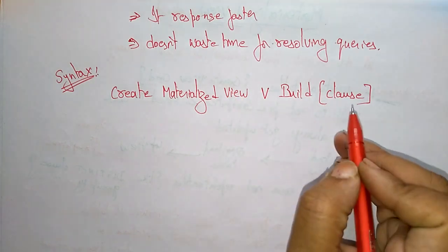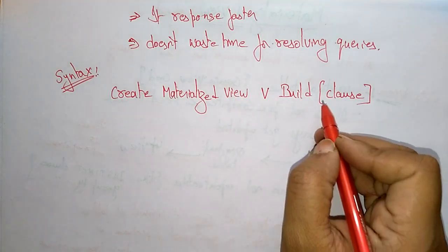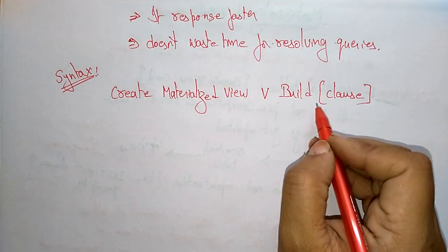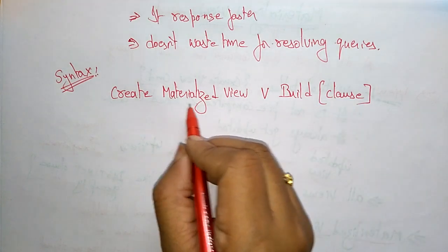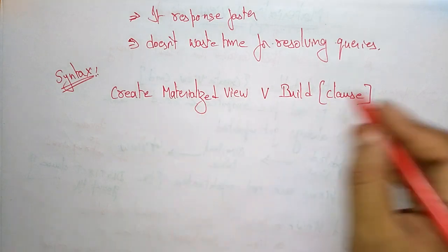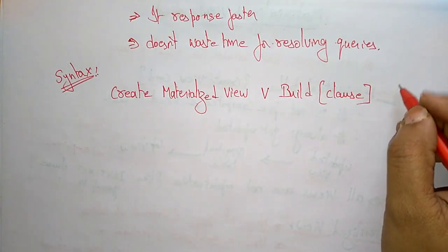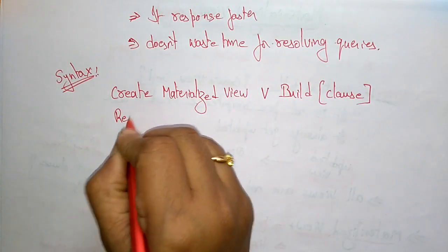If you are using clauses like group by or distinct, you have to write a materialized view.